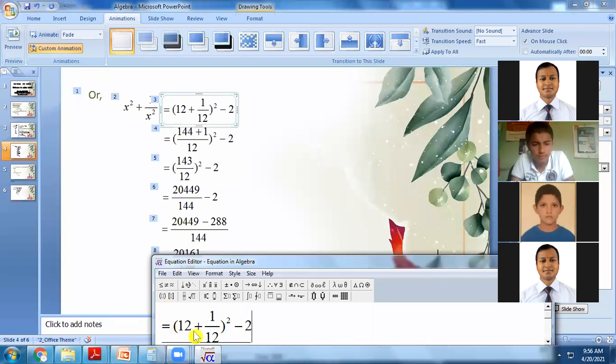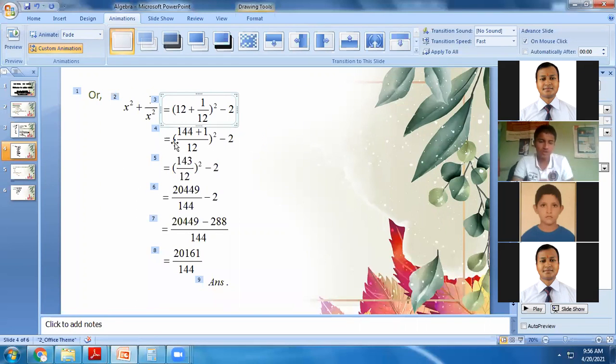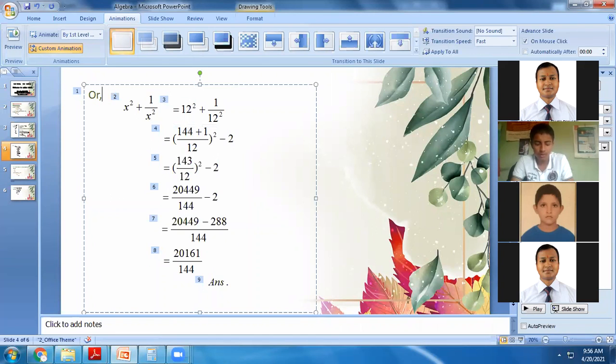We can write here 12 square plus 1 by 12 square. Directly it can also be done this way. In our question we have x square plus 1 by x square.